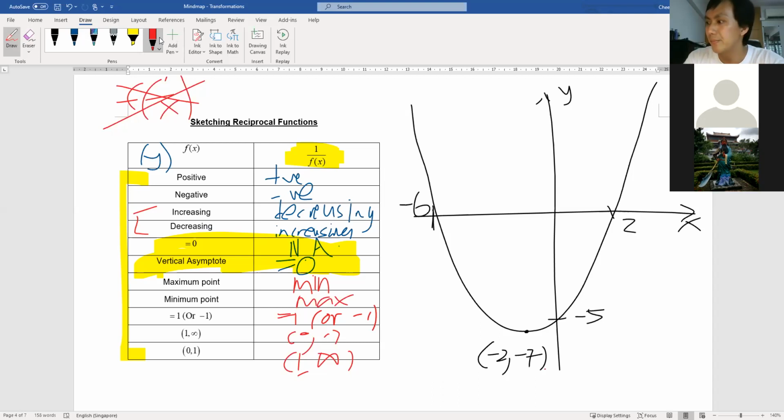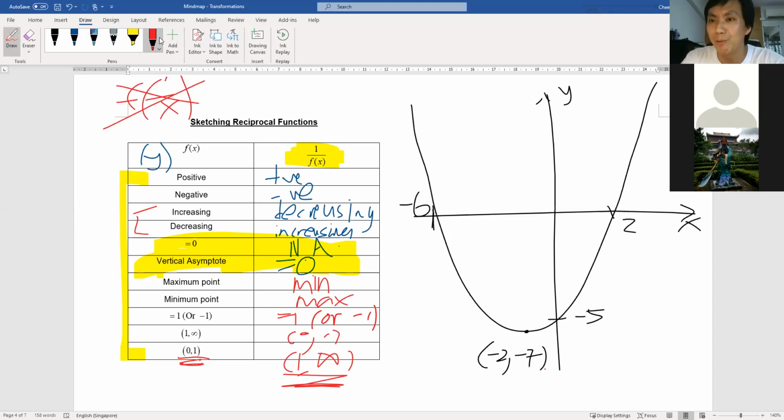Understand? That means any y values that were within this range, post-reciprocal, will become this range. Give me any number from 0 to 1. 0.5.